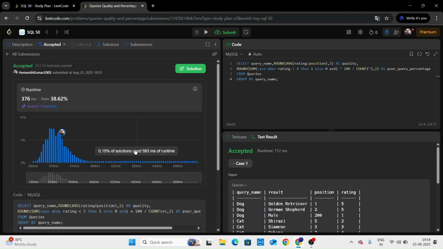Okay. In these 2 days, I was able to learn some concepts. So let's try to recap. I learned about case when the condition, and then we will use then what output will be returned when the condition is true.